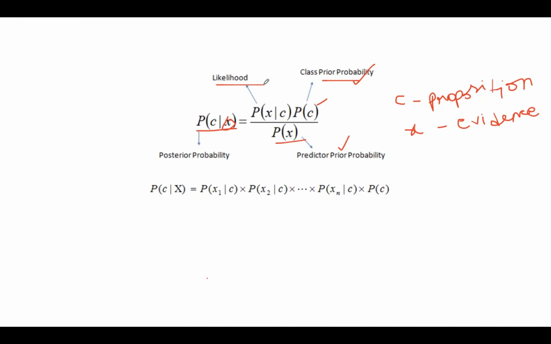Classes can be represented as C1, C2, and so on, Ck, whereas predictor variables can be represented as X1, X2, and so on, Xn. The objective of the Naive Bayes algorithm is to measure the conditional probability of an event with a feature vector X1, X2, and so on, Xn, belonging to a particular class Ci.